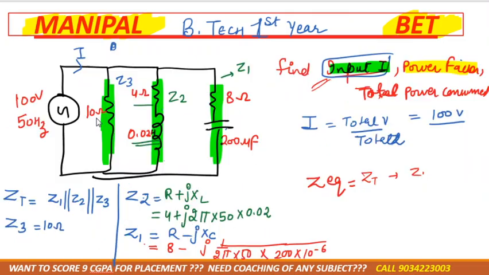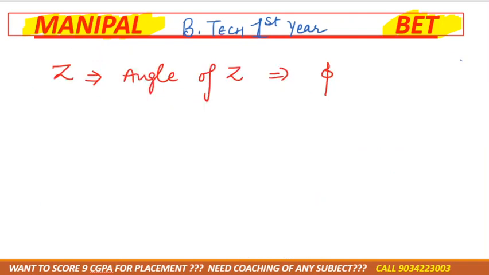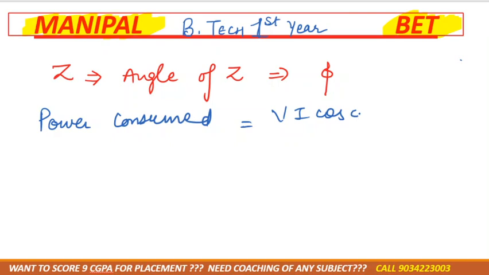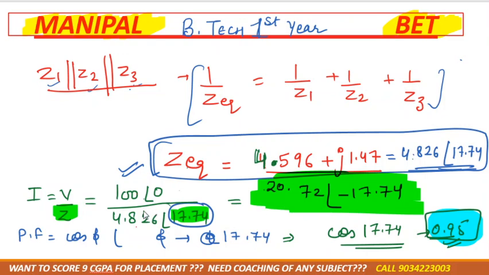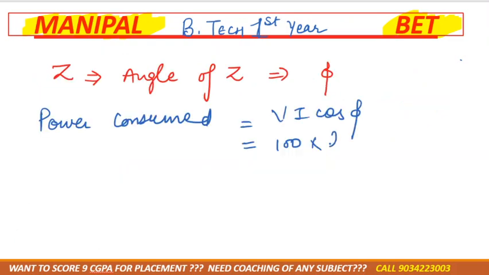In the next part, they ask you to calculate total power consumed. So total power consumed means the active power, and active power is VI cos phi. Voltage we know 100. Current we have calculated over here, that is 20.72, and cos phi we have calculated 0.95, right?